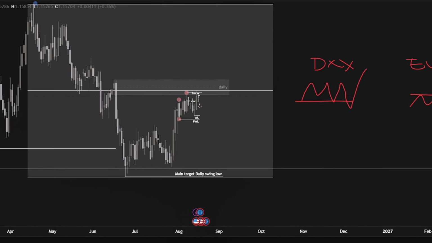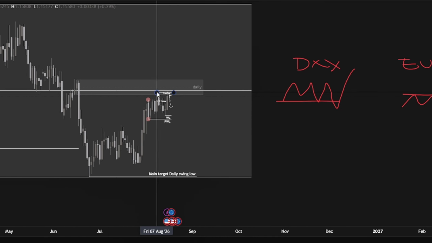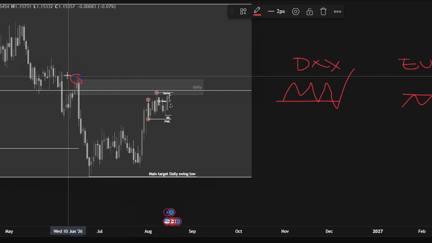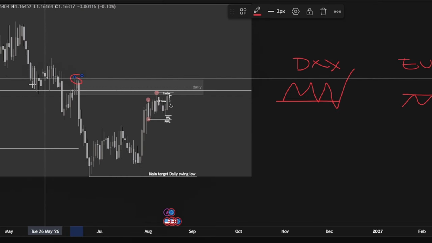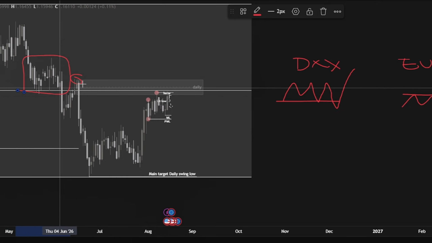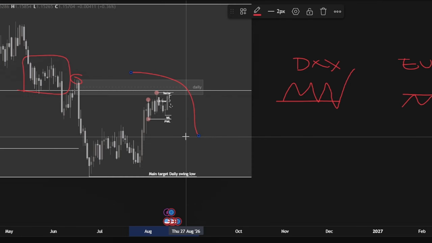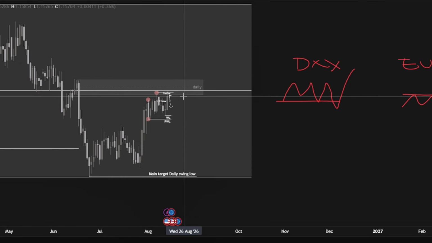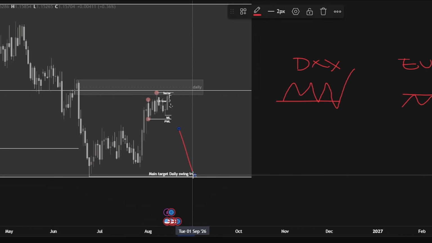So looking at it now, we can see we've obviously, again, just been consolidating for a little bit. We want to see price take out these highs, potentially take out this area right here as well. Maybe move into this sort of high volume area, and then we see price shoot lower. Or again, we can see price potentially move straight lower.